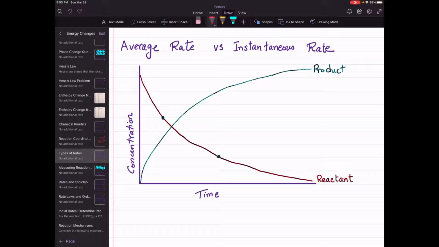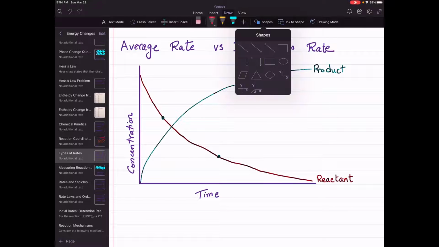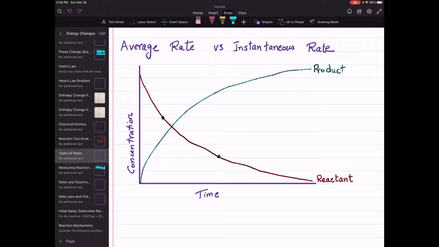Now, rate is important. To figure out the rate of the reaction, we can look at two different rates here. If we are talking about the average rate of reaction, then we will have to find out on the graph for the reactant, for example, we will have to draw a straight line, and I'll write it here, straight line from here to there.